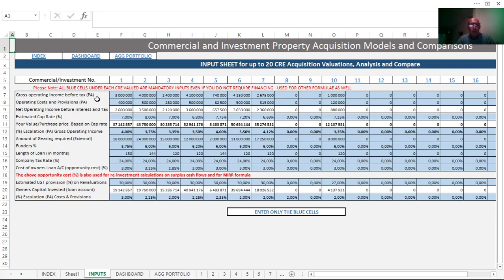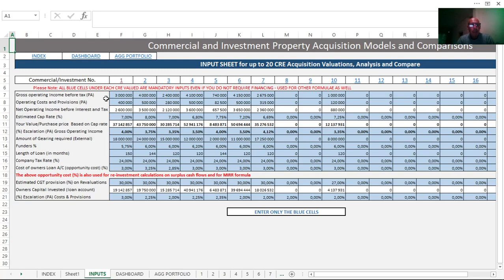So if we start off at the input sheet, we see how simple and coherent the input tables or charts are for each individual commercial property, proposition, or portfolio that you have currently. You'll see we only ask for I think there's 10 or 11 fields.